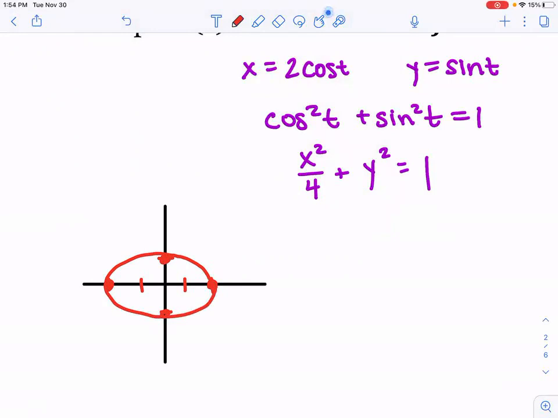That's good enough. All right, now, how do we know what orientation to choose? How do we figure out our orientation?